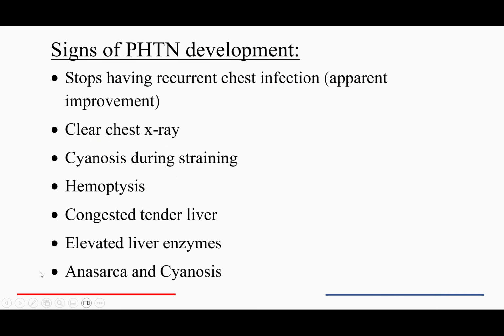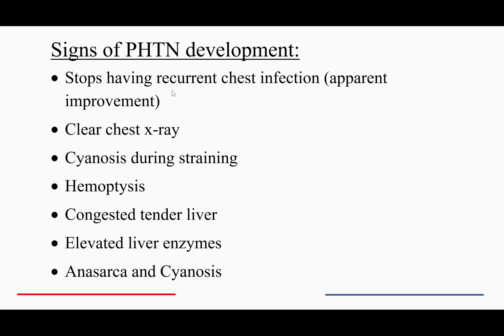Signs of pulmonary hypertension development. The patient stops having recurrent chest infections, apparent improvement, clear chest X-ray. We find this in patients.